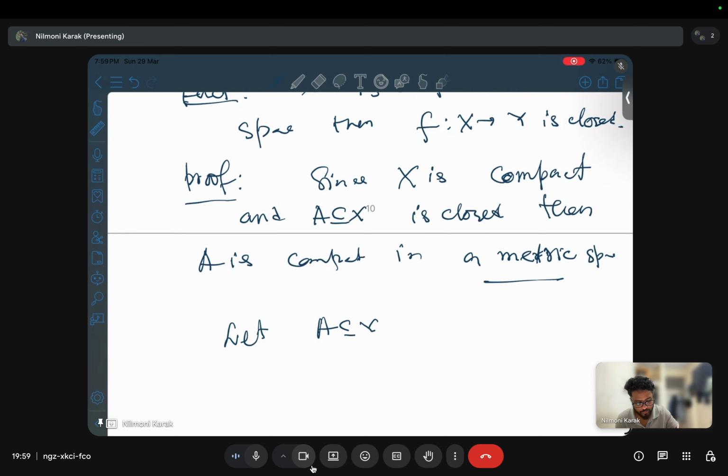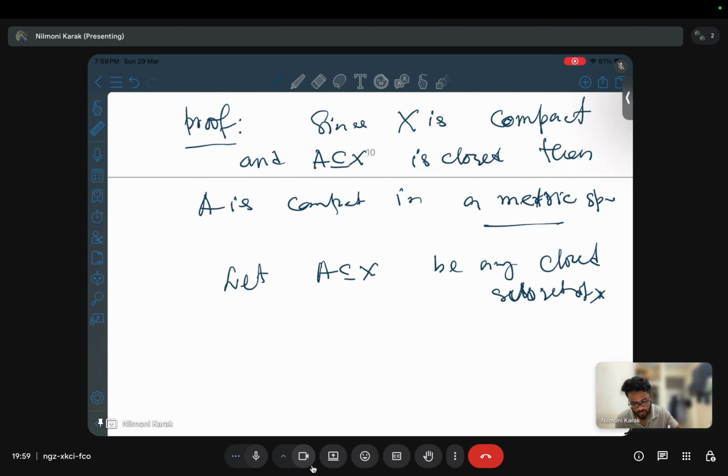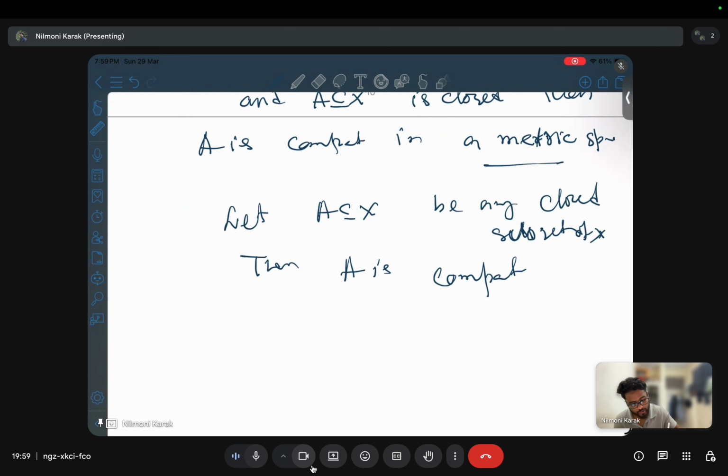Let A subset of X be any closed subset of X, then A is compact, and here f is continuous, right?